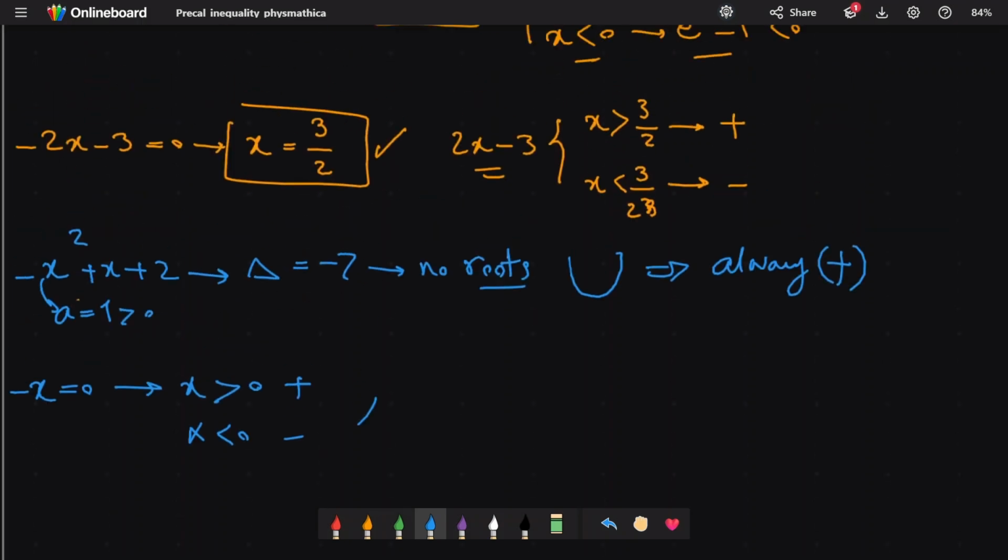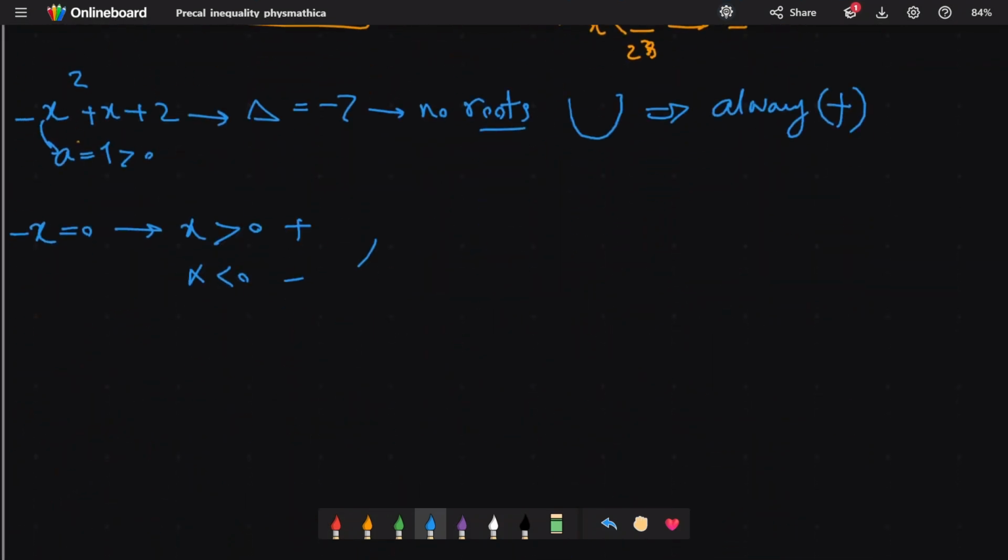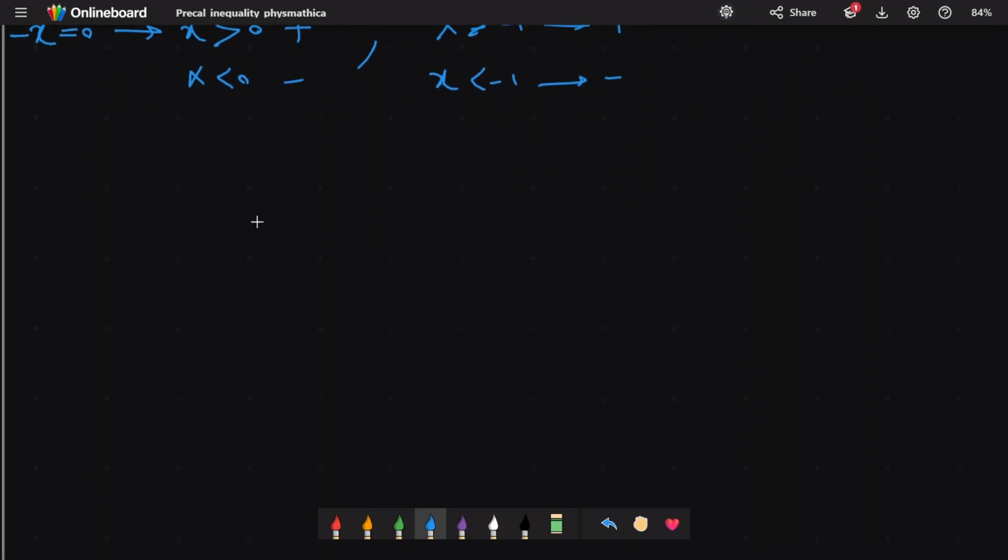And for the other factor, which is x plus 1, simply said, if x is bigger than minus 1, this is going to be positive, and when x is less than minus 1, this is going to be negative. So that's it. And now we make something like a sign chart. Let's just do that, which is quite simple.